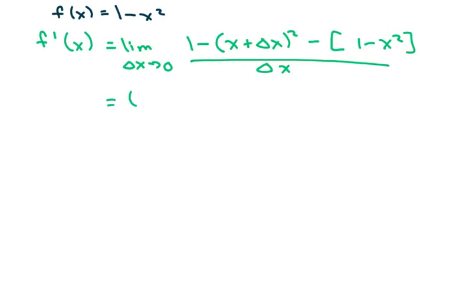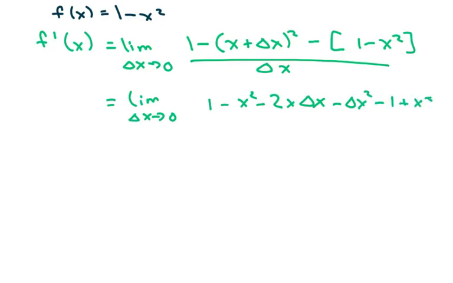Okay, and you simplify. And that's going to give you 1 minus x squared minus 2x delta x minus delta x squared minus 1 plus x squared.